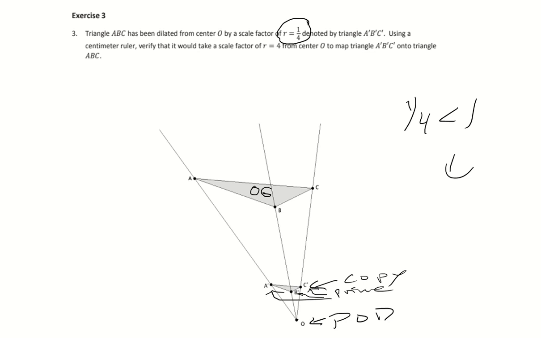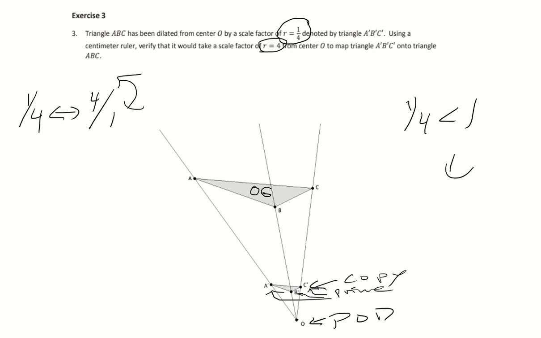So verify that it would take a scale factor of 4 to go backwards. Well, do we see how 1/4 and 4/1 or 4, they're just reciprocal opposites, meaning the top number flips to the bottom and the bottom number flips to the top.